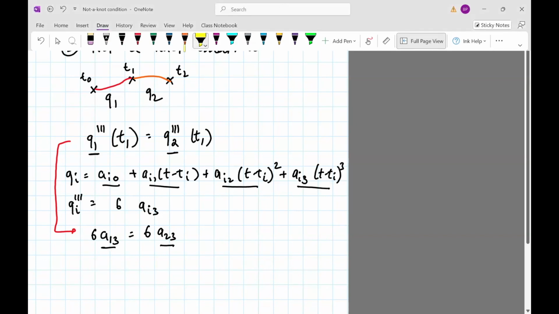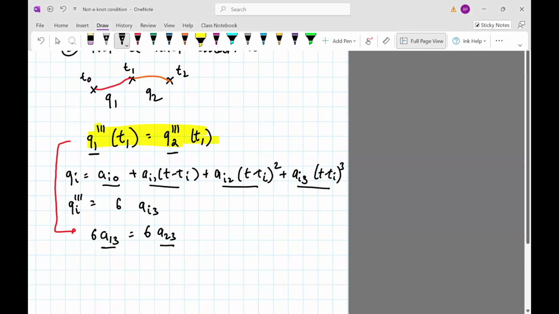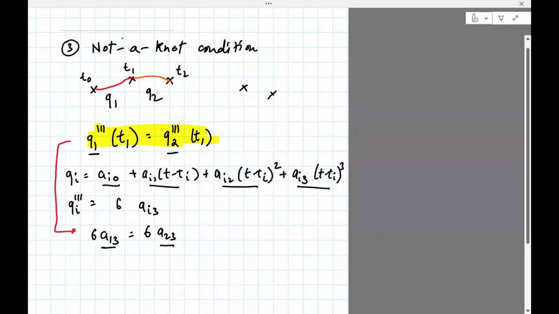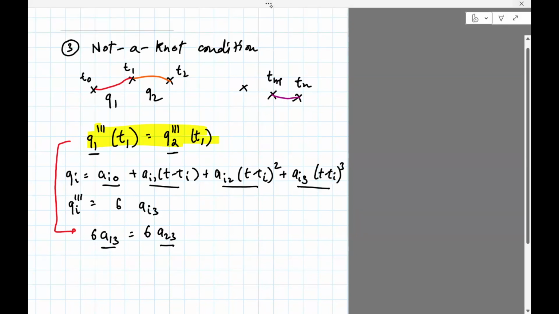And then this is just one of the two, right? We need two conditions. The second condition is based on the last point. So for the last three points, we have tn and tn minus 1. Let's join them.